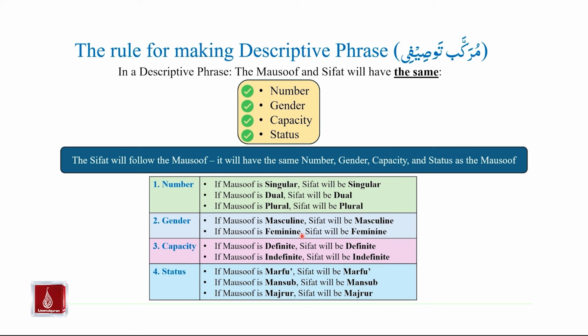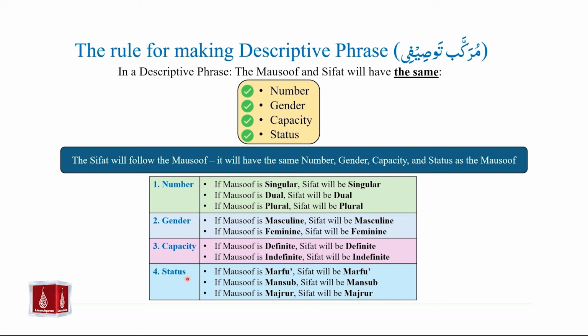If Mosuf is feminine, Sifat will be feminine. In terms of capacity, if Mosuf is definite, the Sifat will follow and it will also be definite. If Mosuf is indefinite, the Sifat will follow and it will be indefinite as well.